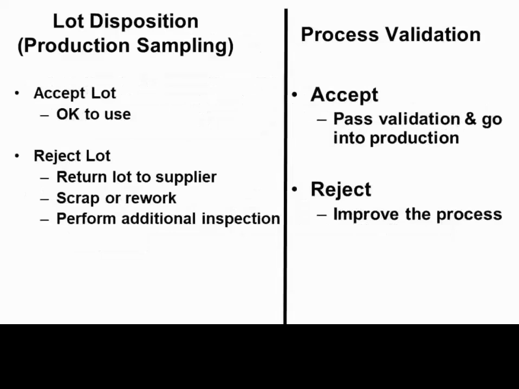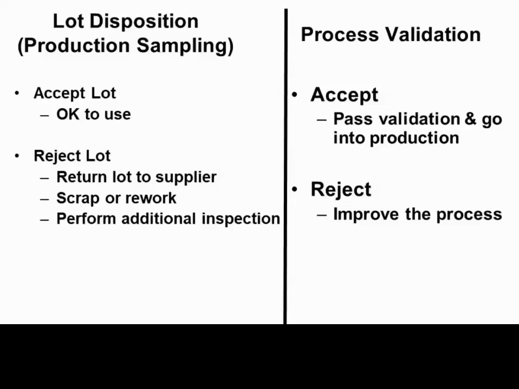Now, the applications for acceptance sampling can be several. I'm just focusing on two here. Typically you might be in a production environment where you're doing incoming inspection or outgoing inspection before you ship. You're sampling units from those lots of material or components, and determining whether, based on the sample, we think the lot is reasonably good and we should use it, or perhaps that it's not acceptable.